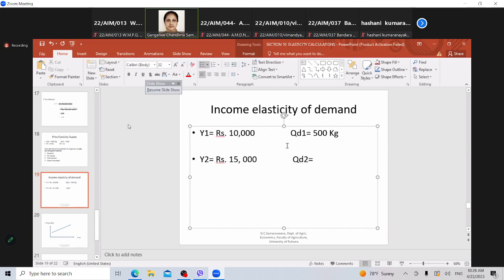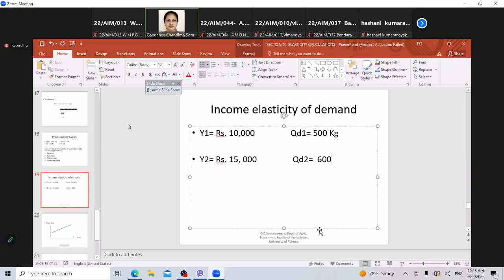When income increases, what will happen to quantity demand for a normal good? Increase. Very good. It should increase. Let's say from 500 to 600. Very good. Now I think you got it. If it is an inferior good, it should be less than that, maybe 400, 300.